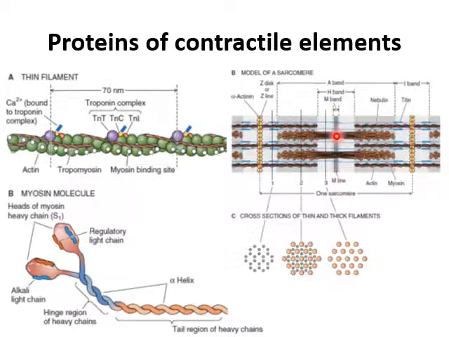So its main function is to act as a scaffolding and also to maintain the structure of sarcomere and prevent it from overstretching. So it forms the elastic element which is in series with the contractile element. Hence it forms a part of series elastic element.